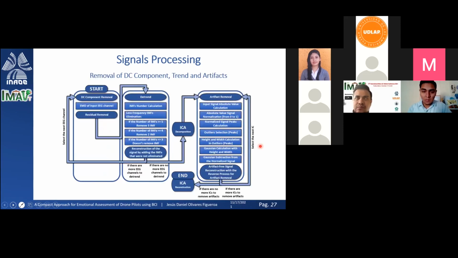This process is repeated for each independent component, and finally the signals are reconstructed with the inverse process of the independent component analysis to obtain the EEG signals with the reduction of the artifacts.